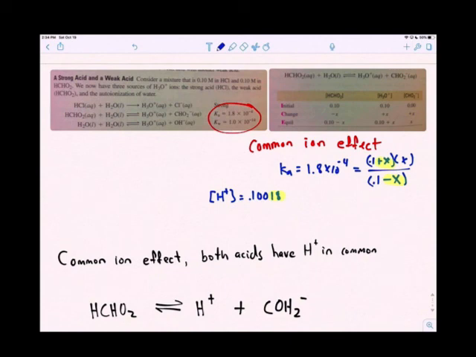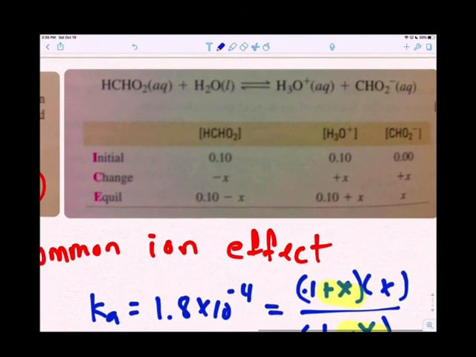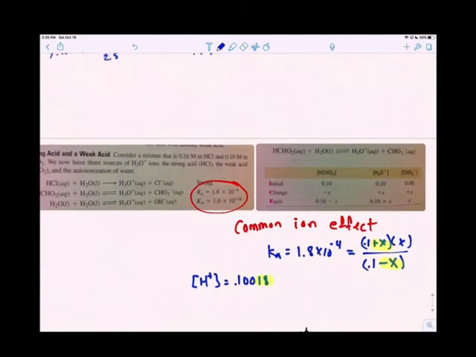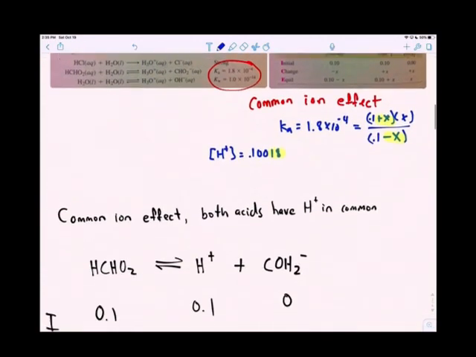So this is something known as the common ion effect. Meaning that when you write the initial, change, equilibrium for this, you include the 0.1 from the hydrochloric acid.